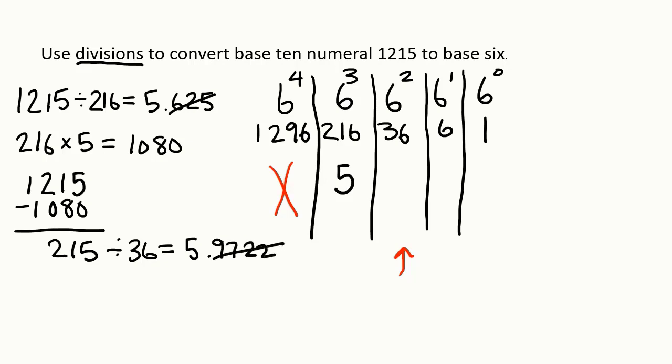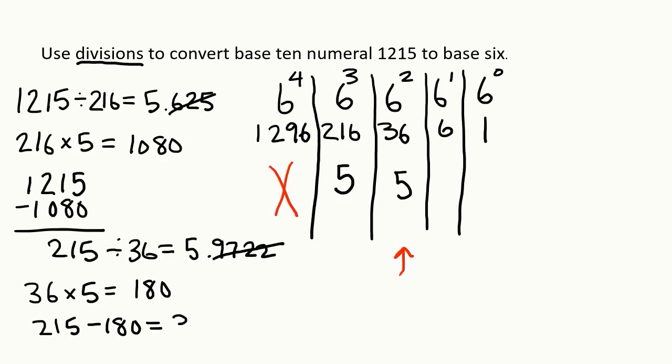And again, ignoring that decimal expansion, we just look at the whole number. This tells us there are 5 36s used to represent this quantity. 36 times 5 is equal to 180, and we're going to subtract that from our 215 to find out how much more we have to represent in this number. 215 minus 180 is equal to 35.